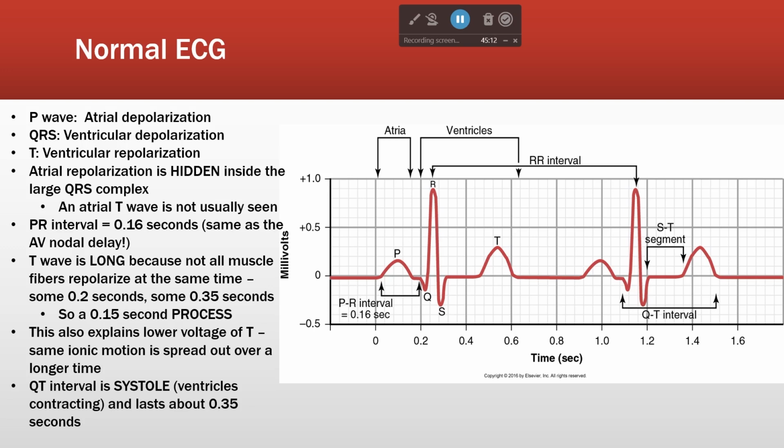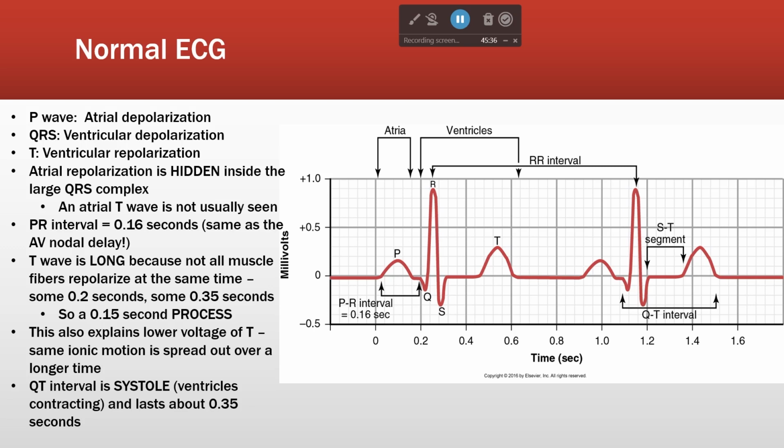During the QT interval between the Q and the T wave, that's when systole is happening. That's when the heart is contracting. This is a place we look at when we are assessing a patient for myocardial infarction, because it's during this time of the EKG that the heart muscle itself is contracting.